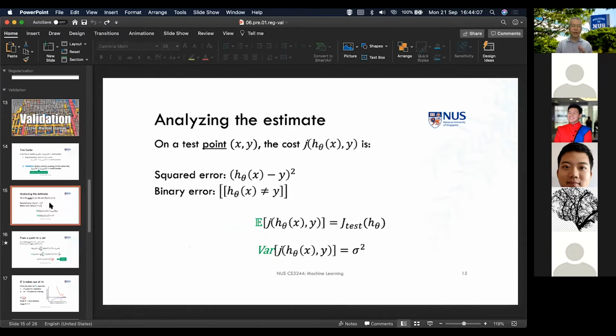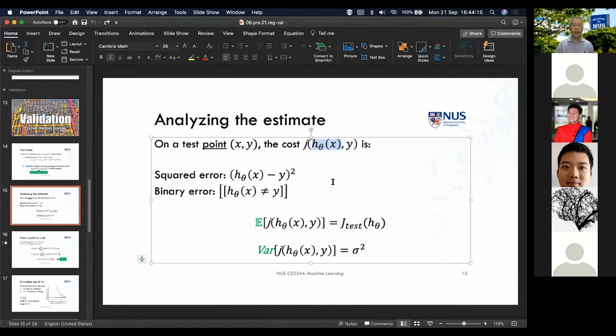We are thinking about deriving it mathematically first. We are looking at a test point. We know what the cost of the test point is: it's just the mismatch between the hypothesis, our best hypothesis output, and the actual true class. So this is a point-wise estimate. That's why it's lowercase j. And we have different ways of assessing that. But basically, as some of you are now quite comfortable with, it's the expectation of that particular test point.